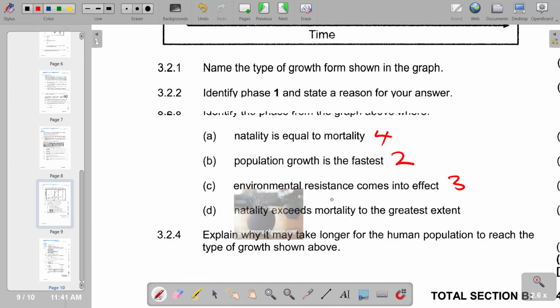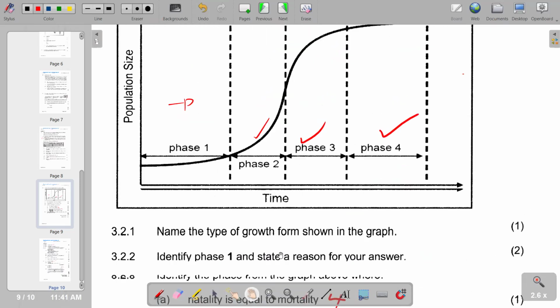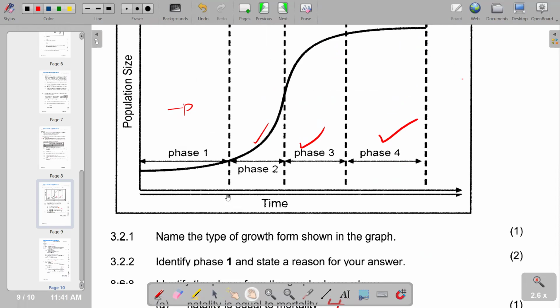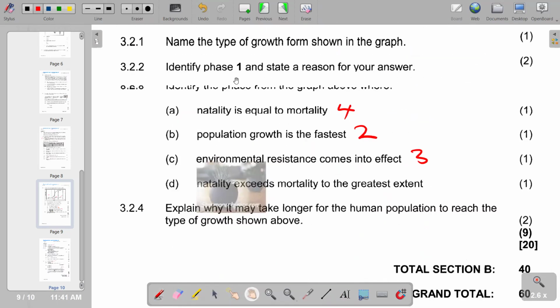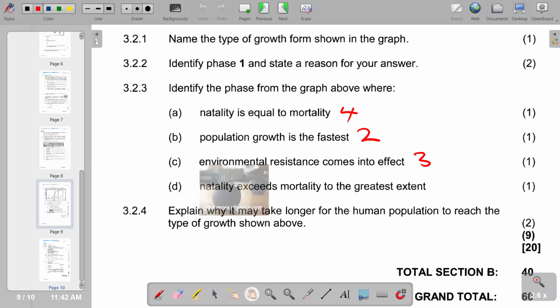Then where natality exceeds mortality to the greatest extent, we check according to our responses, and we see that we have phase 2. So we can indicate our phase 2.